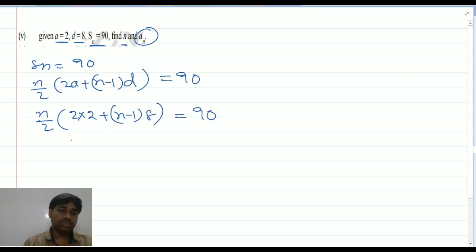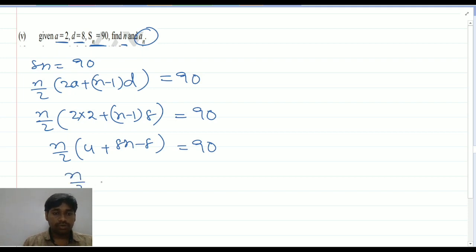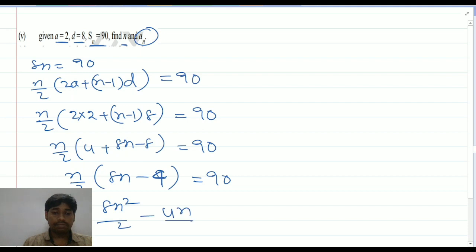Then n by 2 of 4 plus 8n minus 8 is equal to 90. So n by 2 of 8n minus 8 plus 4, which is minus 4, is equal to 90.